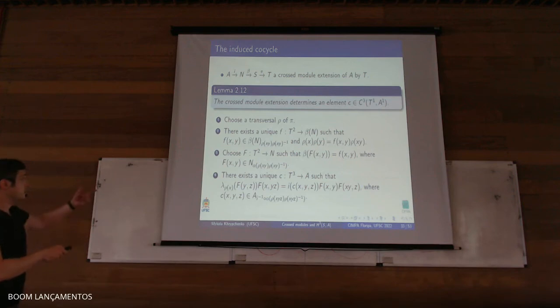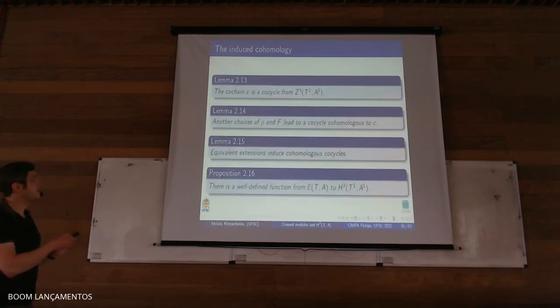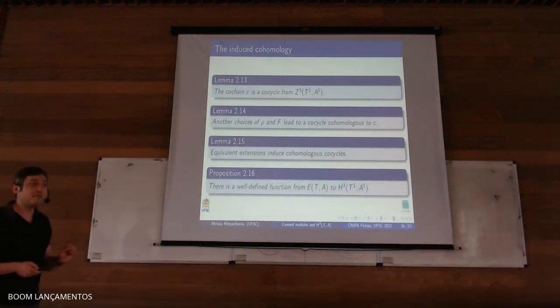And then if you calculate the coboundary of this map, it appears to be almost a cocycle, up to this term that appears. And this one will be, in fact, a 3-cocycle.